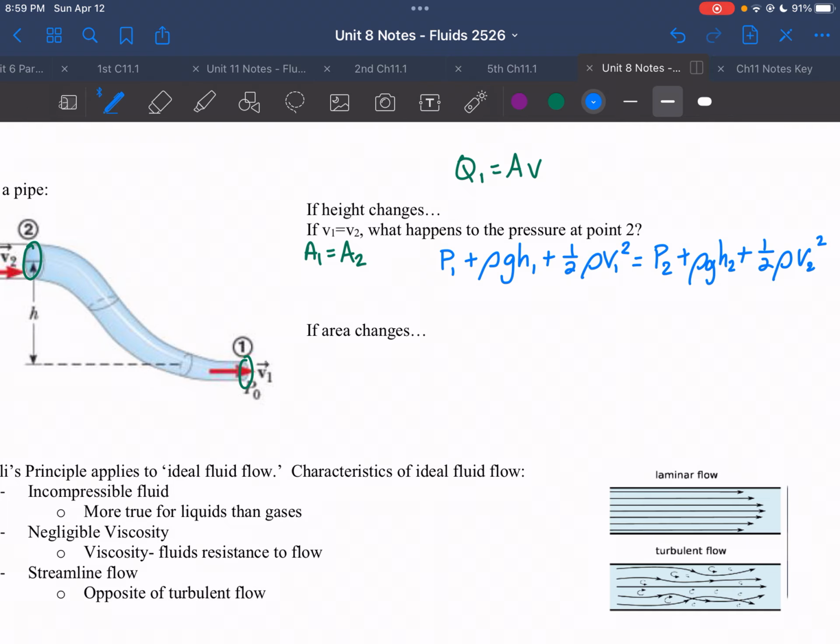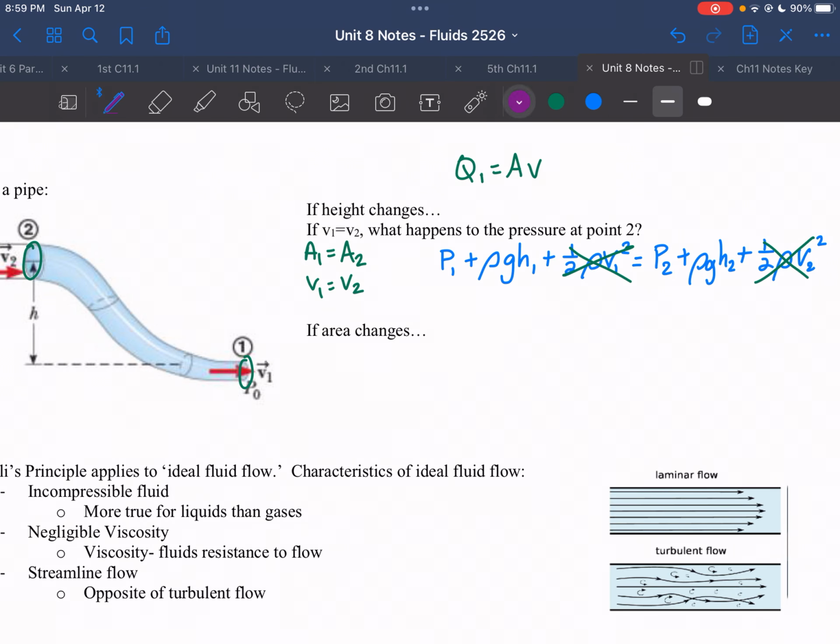And since these velocities are the same, this ends up being exactly the same as this one. The velocity stays the same, density stays the same, so I can actually cancel those terms out completely.